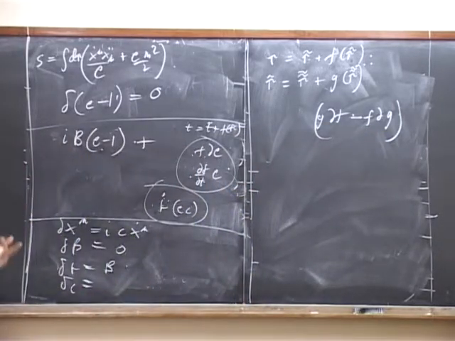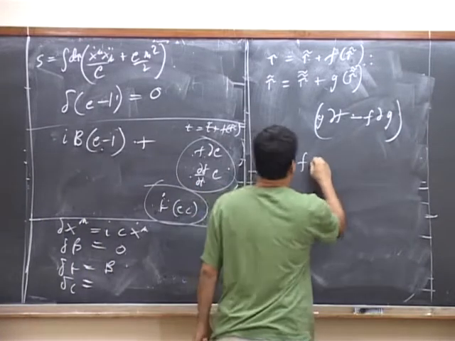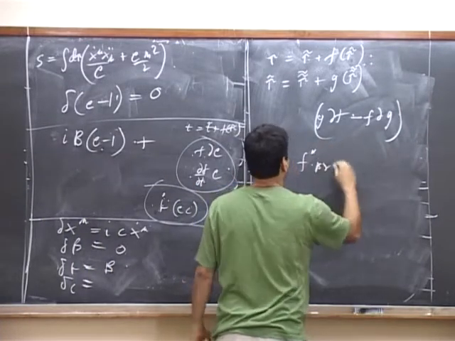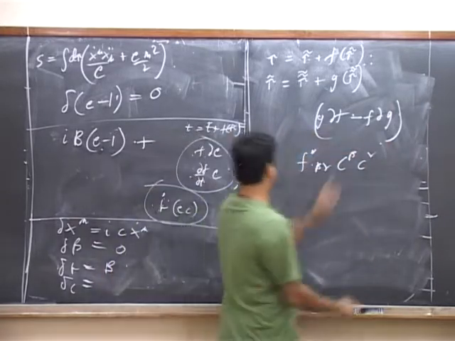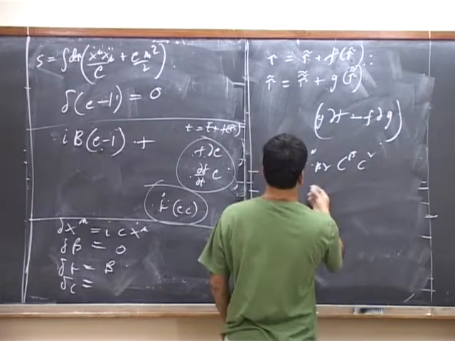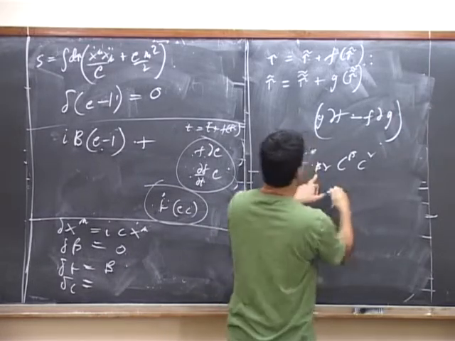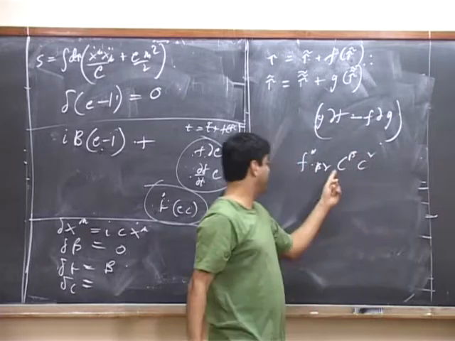Now you want to put that into F alpha beta gamma C beta C gamma. Now you have to put both G and F equal to the same function C.